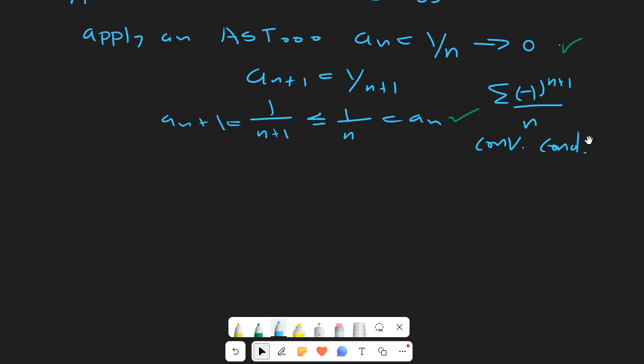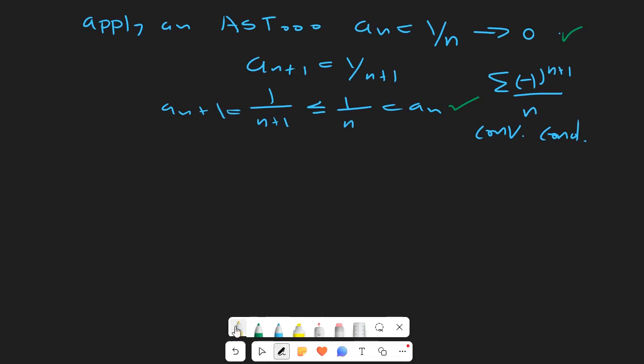Okay, now if, for example, we had a series such as the series of negative 1 to the n, divided by n factorial, n equals 1 to infinity.